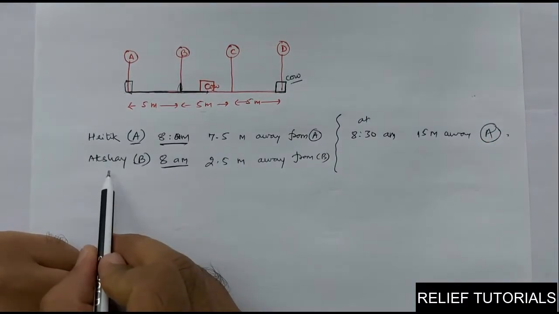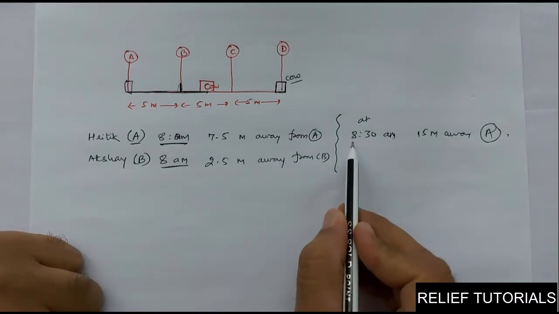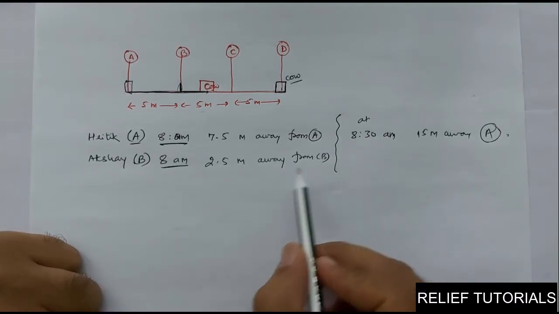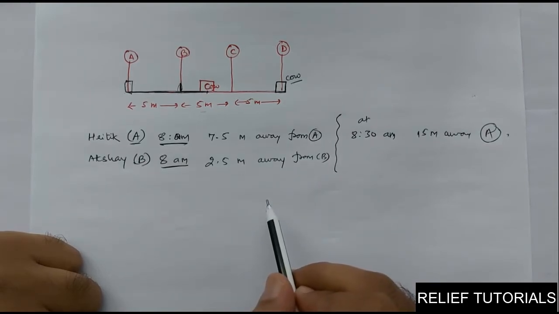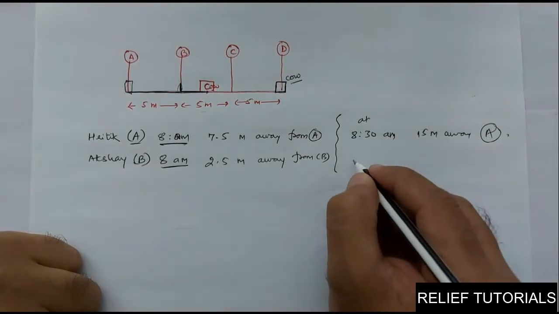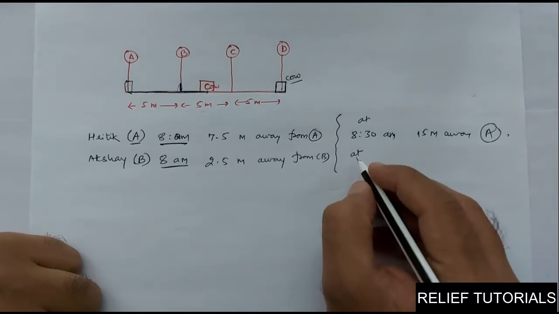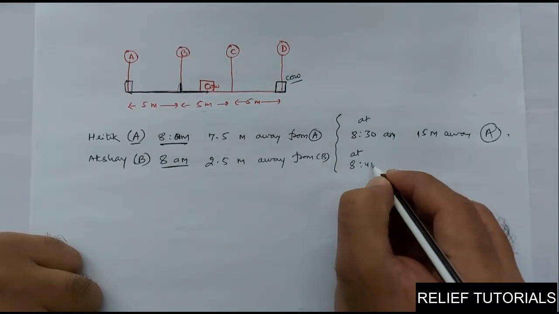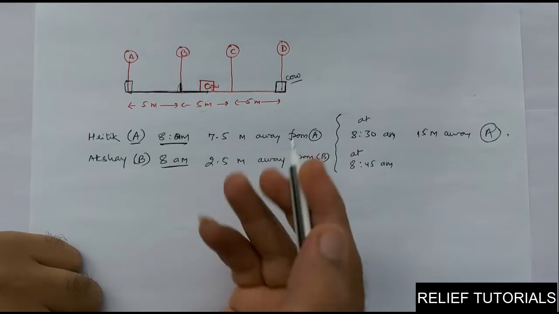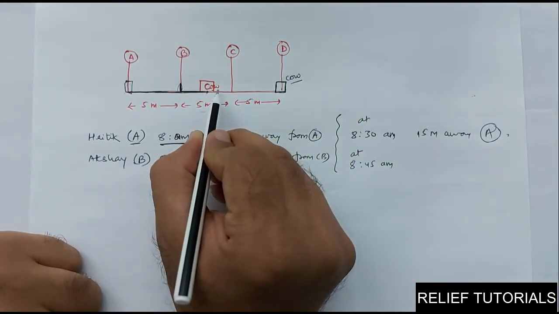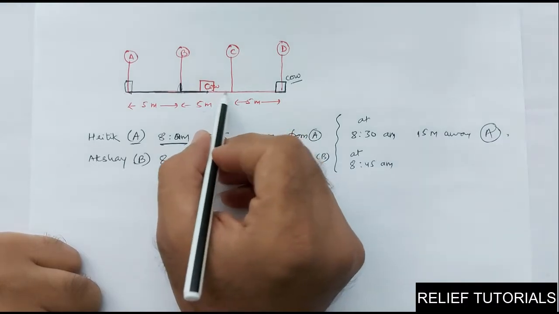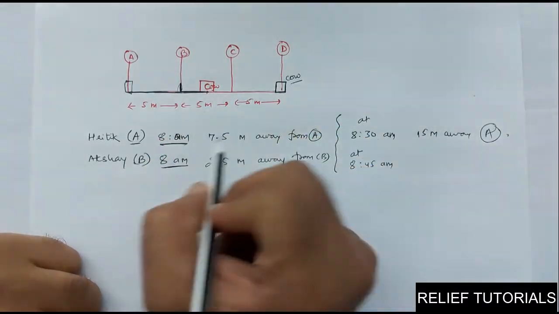Akshay was also given the task to take the second observation at 8:30 a.m., but anyhow Akshay failed to reach on time, and Akshay reached the field at 8:45 a.m. And coincidentally, see, the cow is not directed by you. The cow is moving on the field according to its choice.